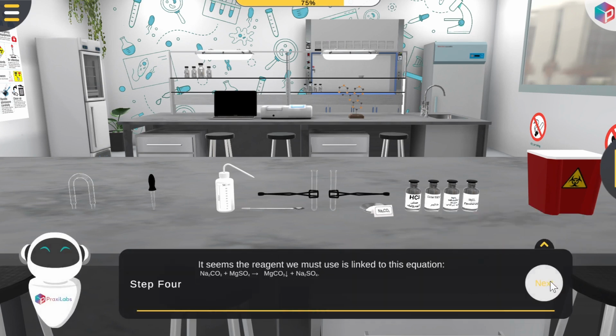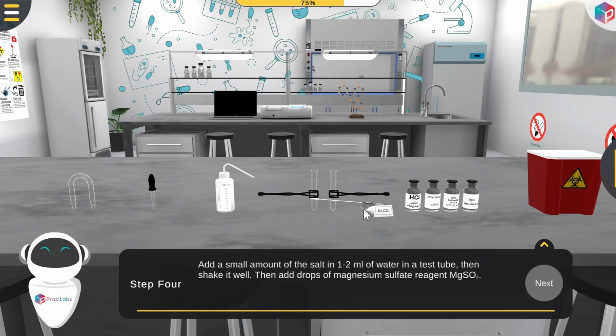Step 4. Finally, we will add magnesium sulfate to the salt solution, which should result in the formation of a white precipitate. 1. Add a small amount of the salt to 1 to 2 milliliters of water in a test tube and shake well. 2.